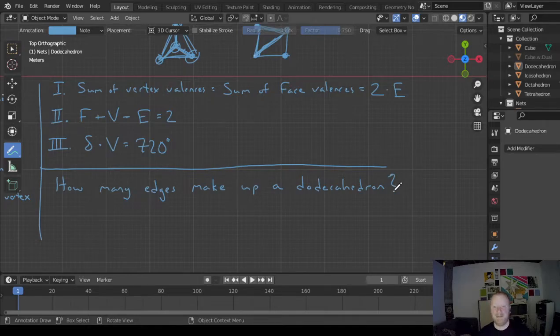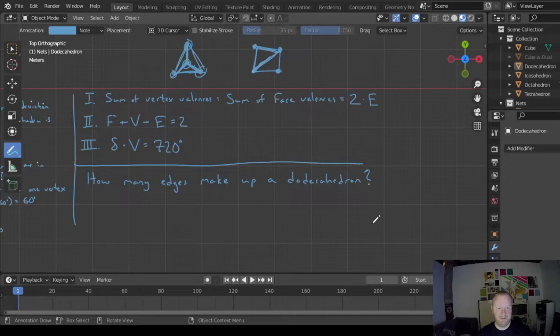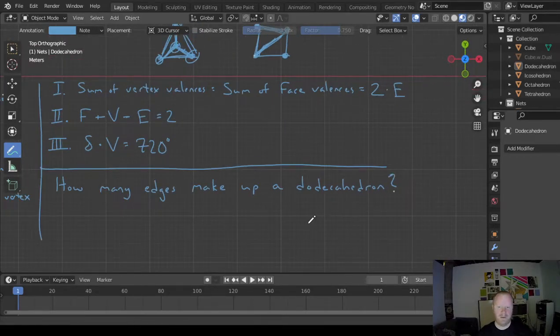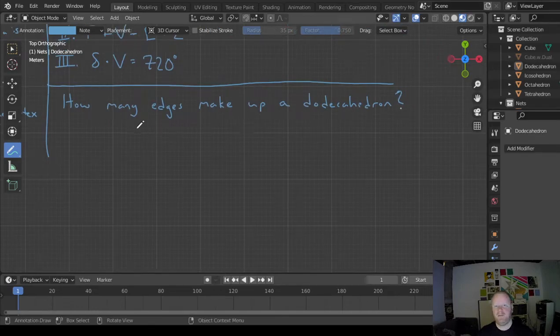Great question. How many edges make up a dodecahedron?